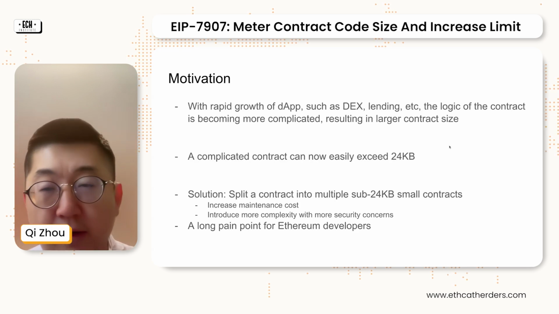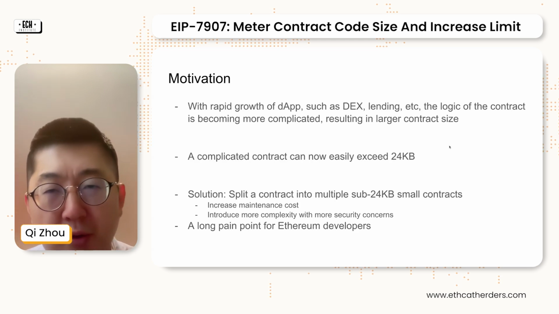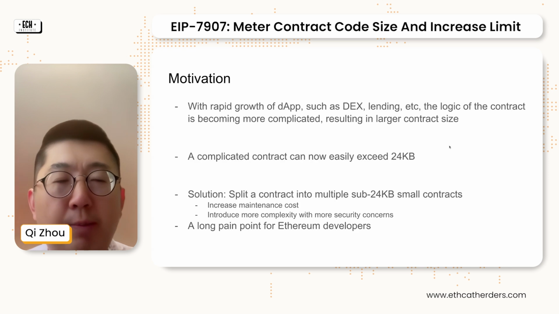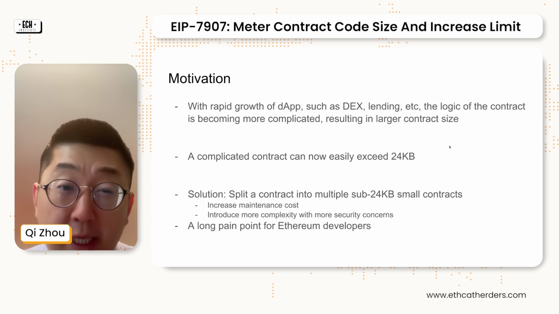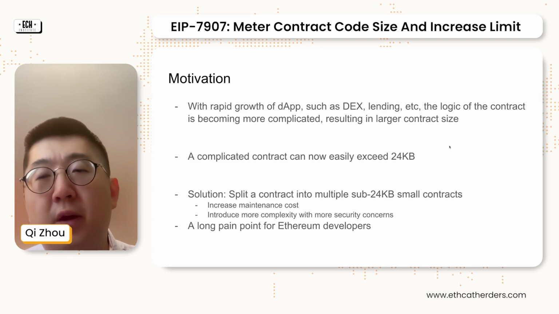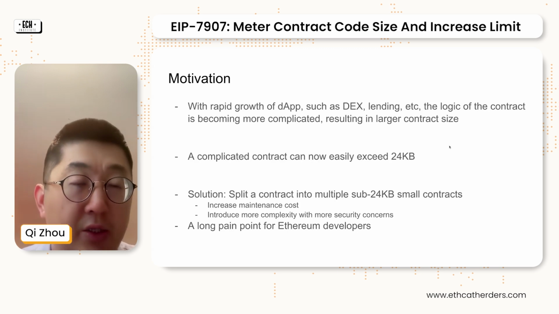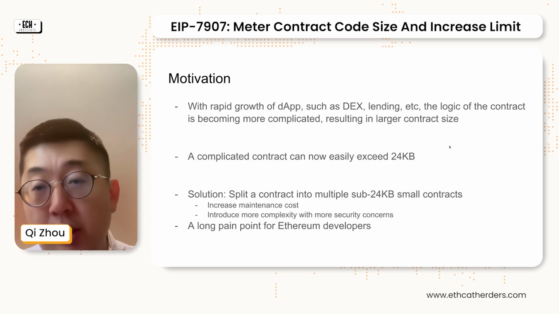For example, for Curve, in order to compute the proper rate of swapping an input token to an output token, it actually performs some Newton iterative algorithm in its contract, which is really complicated. And this creates a lot of large contracts. So a complicated contract can now easily exceed 24 kilobytes.